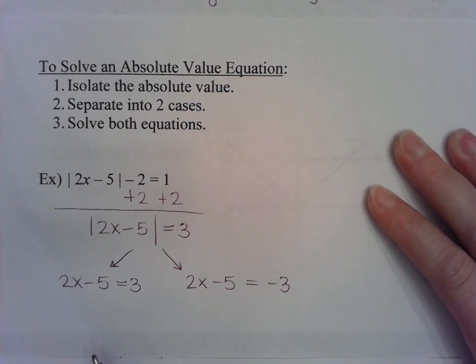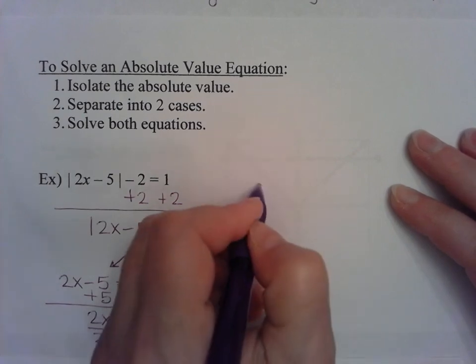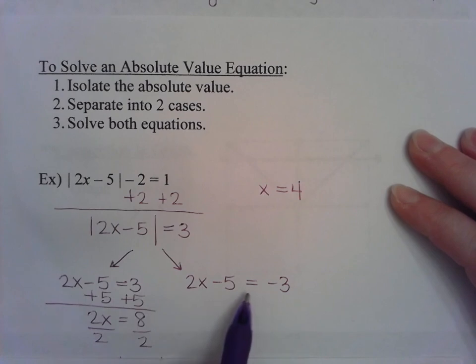Okay, and then I want to solve each of these to get the two answers. So I'm going to add 5 to both sides. And divide by 2. I'm kind of out of space, so I'm going to write it up here. Same thing on the second case. I'm going to add 5 to both sides.